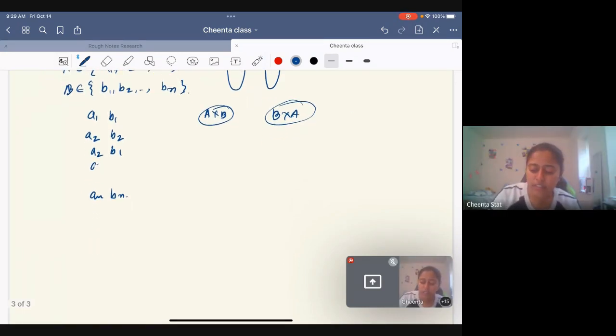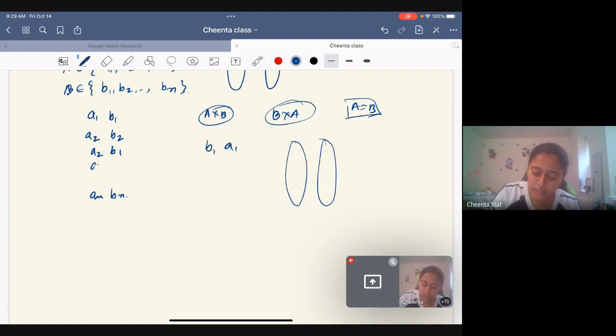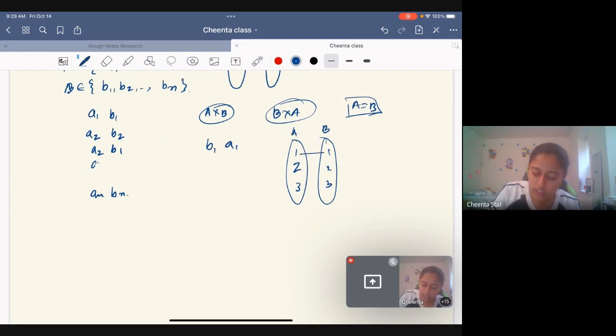They will be similar if A is equal to B. Otherwise, your set will start from B1, A1, and you will go through every pair.